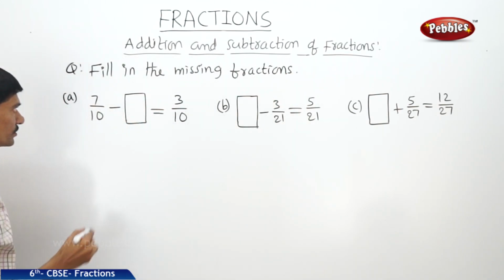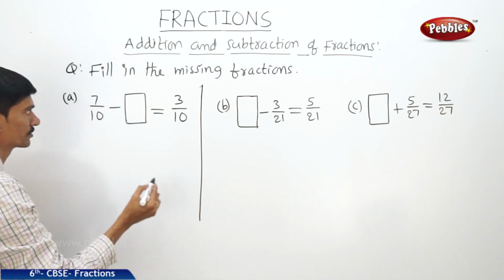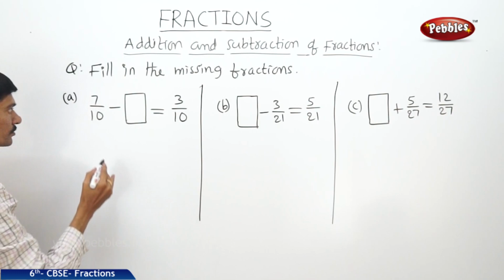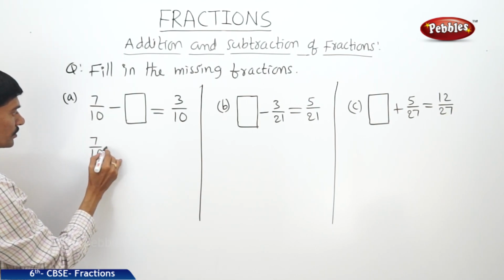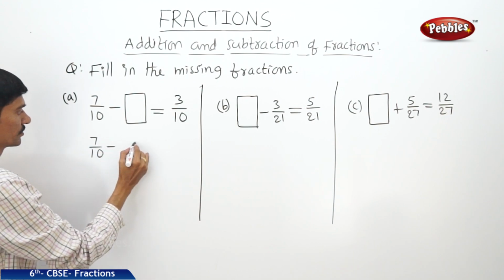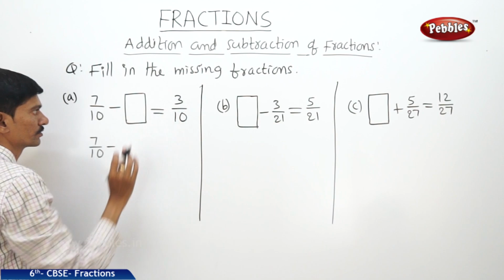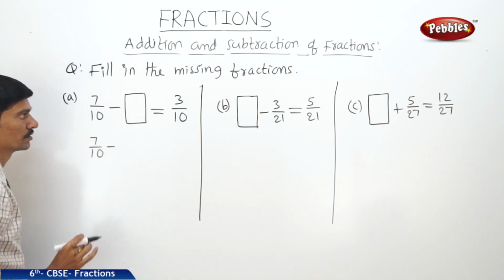Now the first one is 7 by 10 minus dash equals 3 by 10. So 7 by 10 minus, so 7 minus what equals 3, meaning what should be subtracted from 7 to get the result 3?